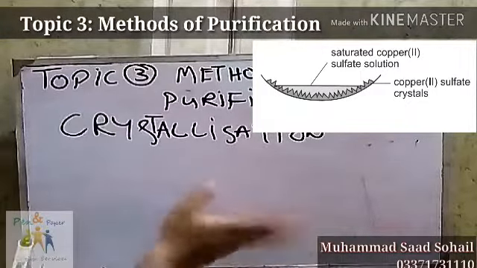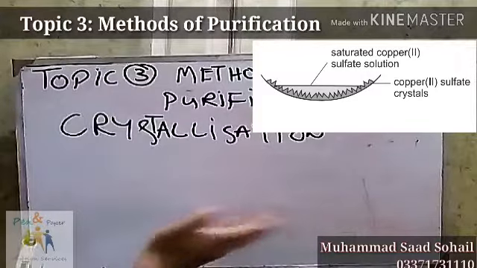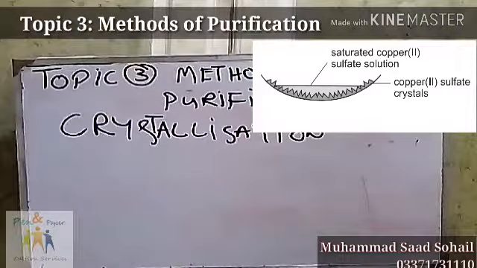If you look at this diagram as shown here, this method is particularly used for substances that decompose upon heating. For example, if you heat up a solution until it is saturated, the saturated solution is then left to cool, and that allows for the substance to crystallize.